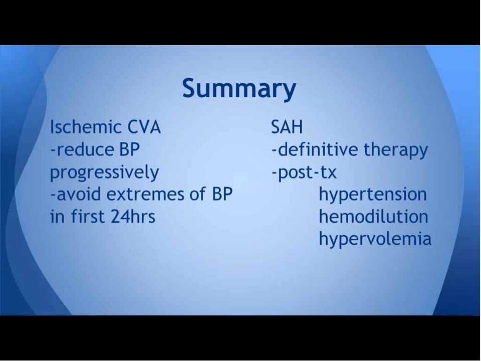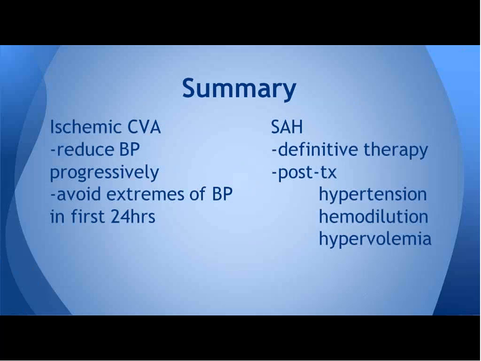So in summary, for ischemic CVAs, our goal is to reduce the blood pressure progressively and avoid the extremes of blood pressure in the first 24 hours. For subarachnoid hemorrhage, the primary goal is definitive therapy, determining which patients are candidates for coiling, an interventional procedure, versus clipping, a neurosurgical procedure.